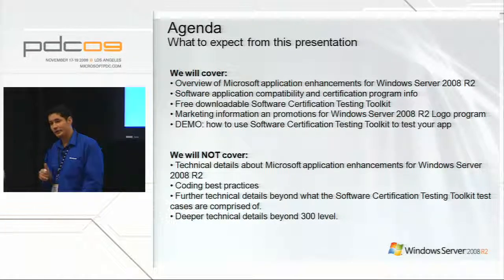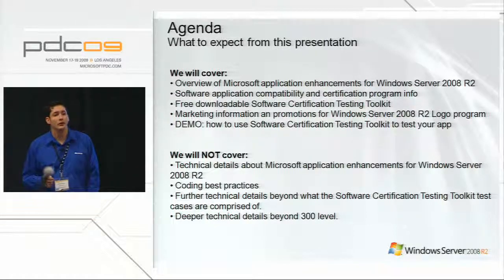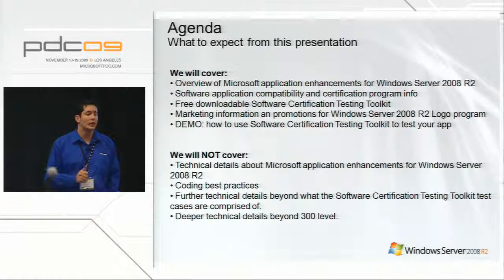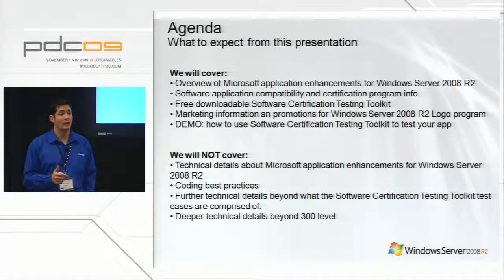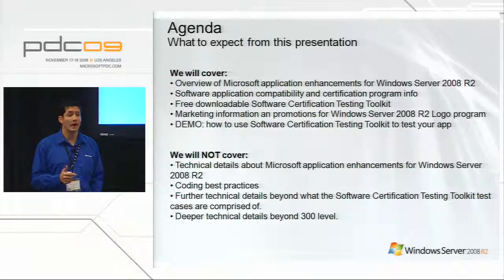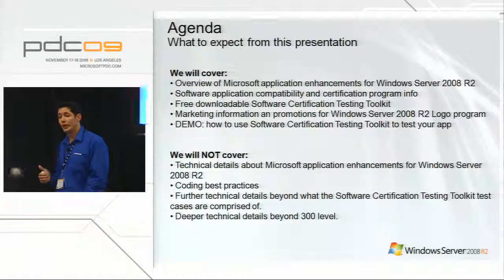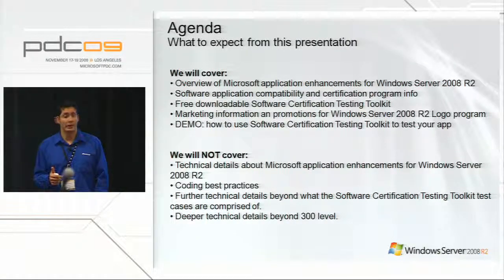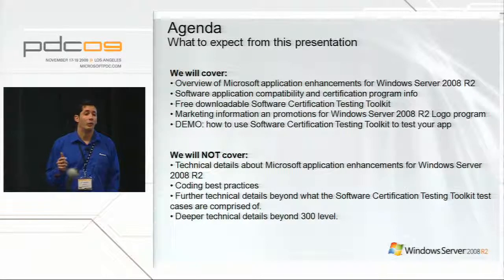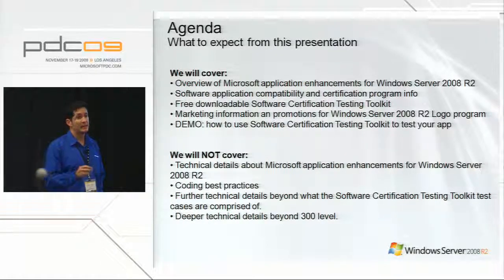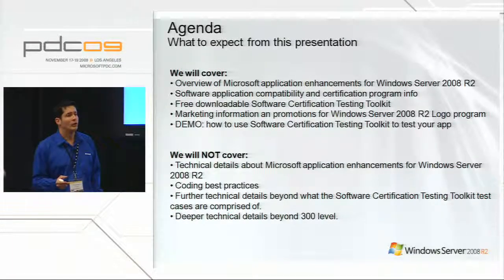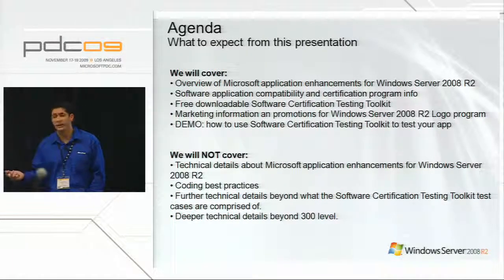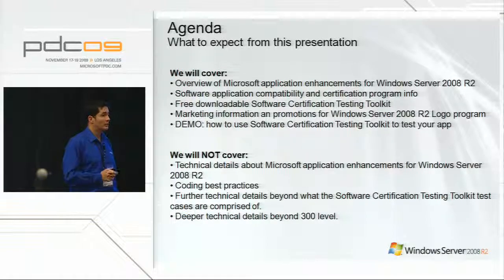We're going to have a quick review of our marketing benefits, and we're going to talk about the testing tool that we have and how these tools would help you test your application. We're going to do a demo with the tool with a very detailed step-by-step on how to use it and how you can take advantage of that. We're also going to have a quick case study at the end by Sean that will probably be of interest to you.